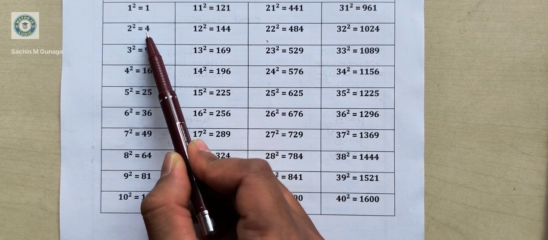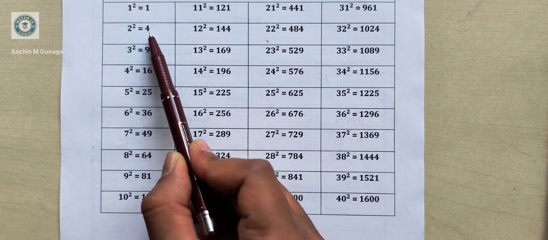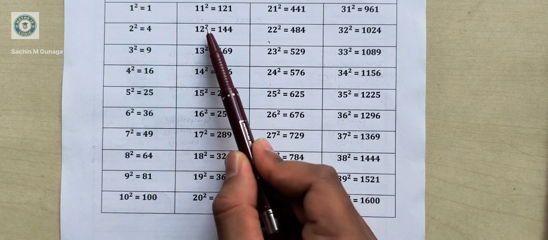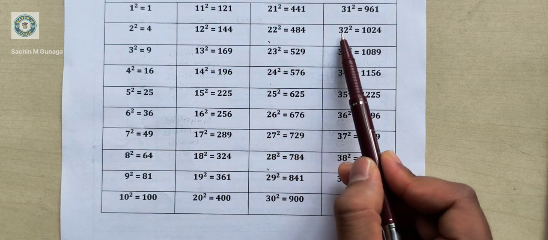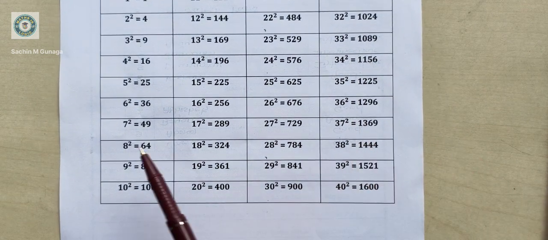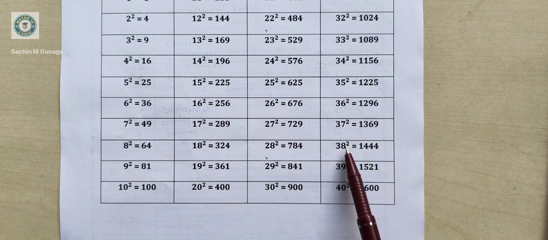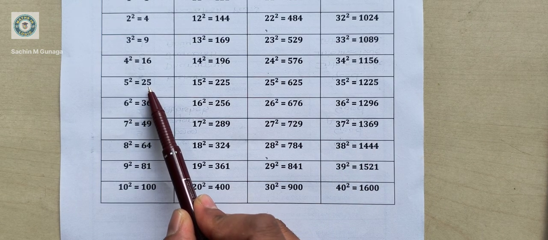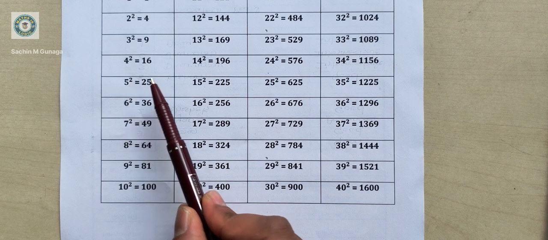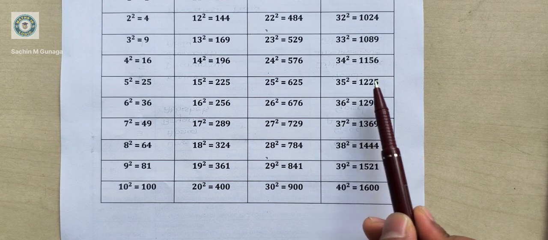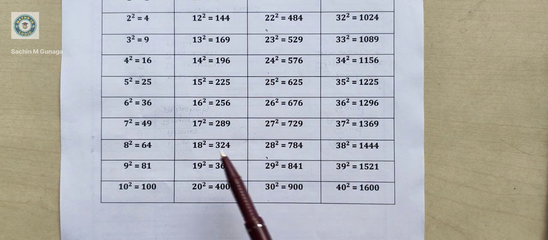Next, last digit number 4. We are getting it for 2 square, 12 square, 22 square, 32 square, and so on, as well as 8 square, 18 square, 28 square, 38 square, and so on. Next, the last digit number 5 we will get only for 5 square, 15 square, 25 square, 35 square, and so on.